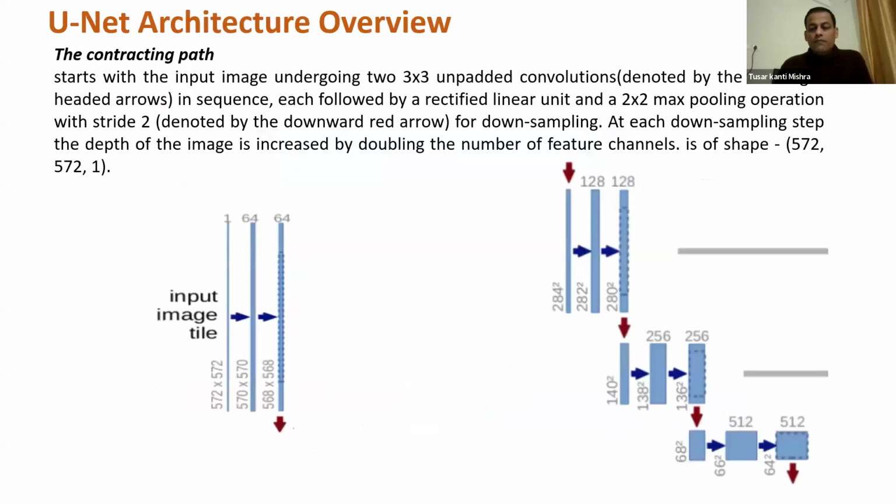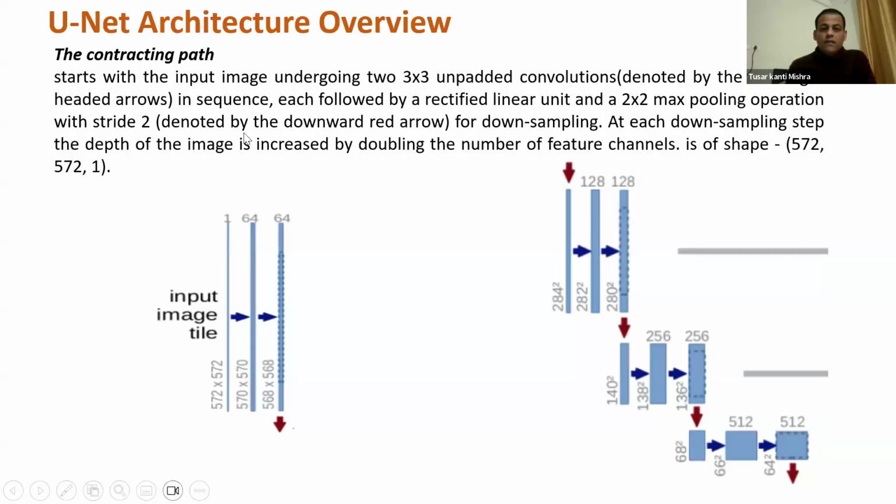So, talking about all the components one by one, the contracting path. Here the input image first undergoes two unpadded convolutions, 3x3 masking is done with the input image, and we can see on the right hand side the thick blue line marked by this arrow symbol.